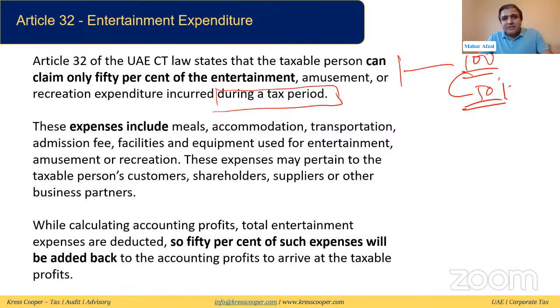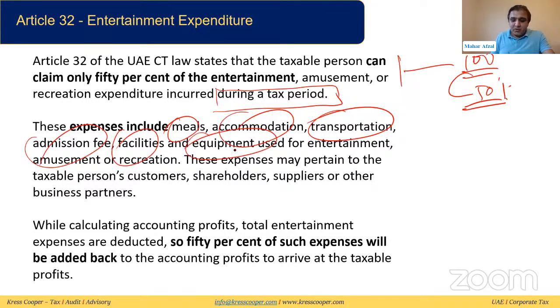These expenses include expenses for meals, accommodation, transportation, admission fee, facilities, and equipment used for entertainment, amusement, and recreation purposes. These expenses may pertain to the taxable person's customer, shareholder, supplier, or other business partners.